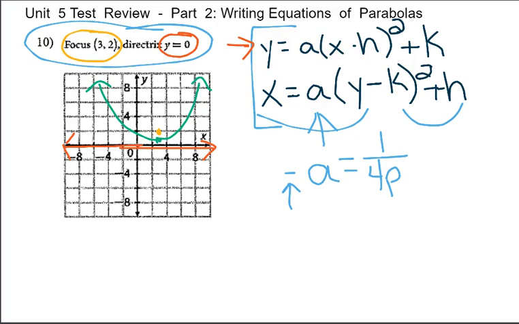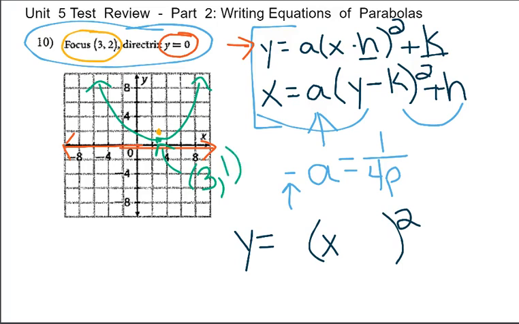So the format, as we said before, is going to be y equals, since it is a y equals directrix. And this is my framework, and I'm ready to fill in my information. The first thing I want to find is the h and k, which would be the vertex. If I look at my vertex here, this point right here, (3, 1), would be where my vertex is.